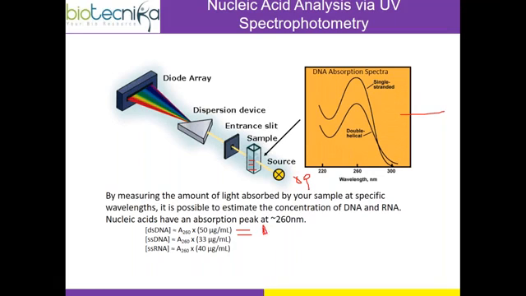If the optical density is equal to 1, then if it is a double-stranded DNA, the concentration of the double-stranded DNA is 50 microgram per ml. If I use a single-stranded DNA and get an optical density of 1, it contains 33 microgram per ml. If it is RNA, if the optical density is 1, it contains 50 microgram per ml concentration.